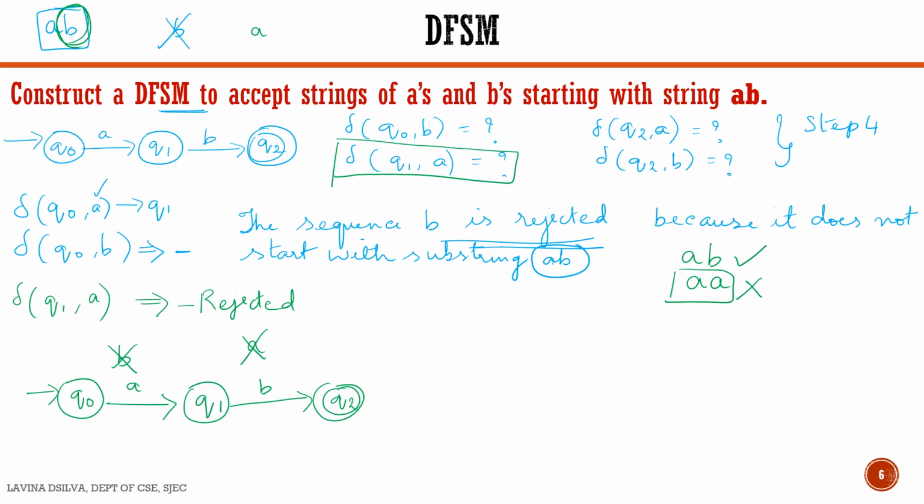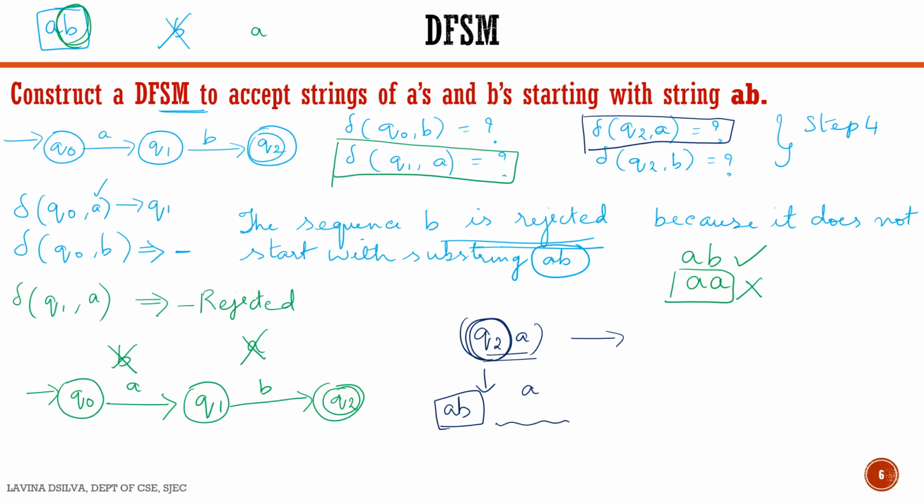Now we'll take the third transition, Q2. On state Q2, if we see an A, now we have already seen, if we are reaching Q2, we know that the DFSM has already seen two symbols A and B, and we are talking about the third symbol, that is A. Can we accept this string?